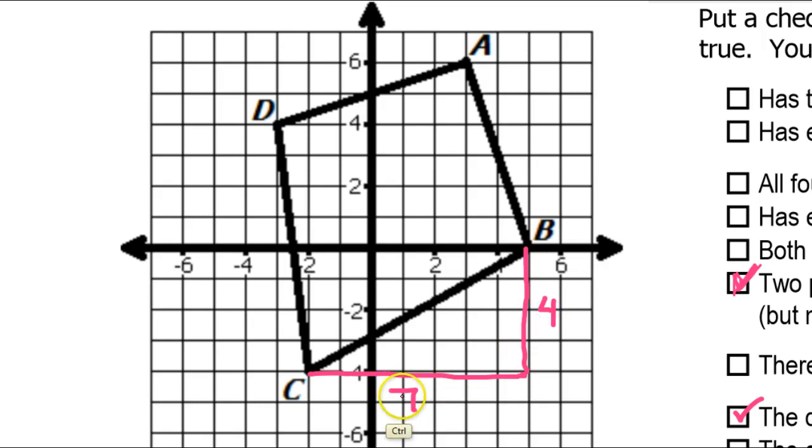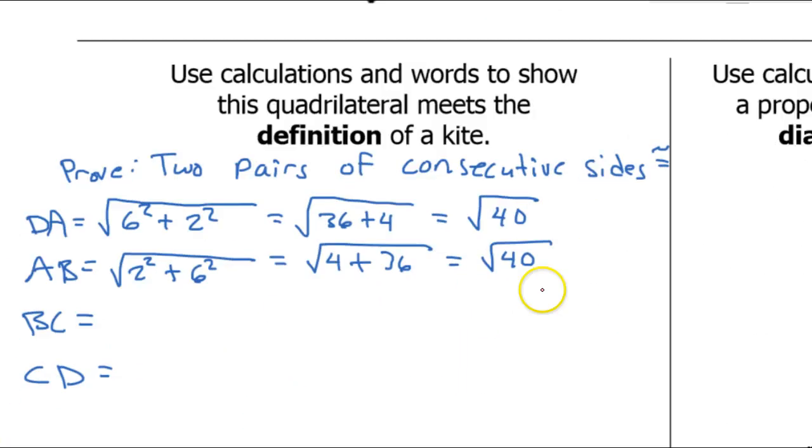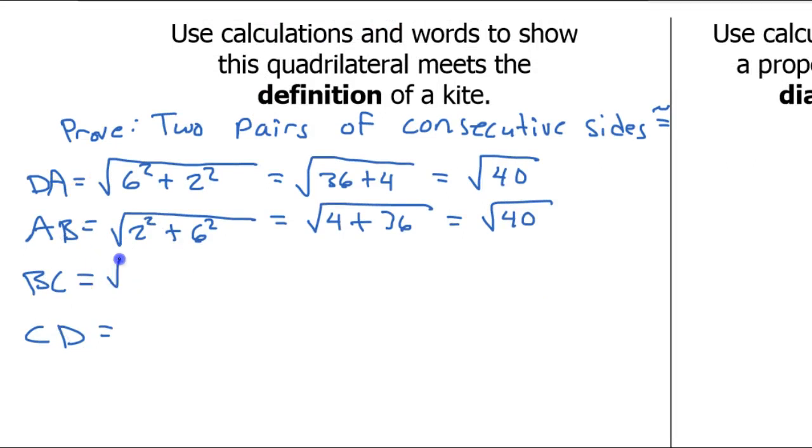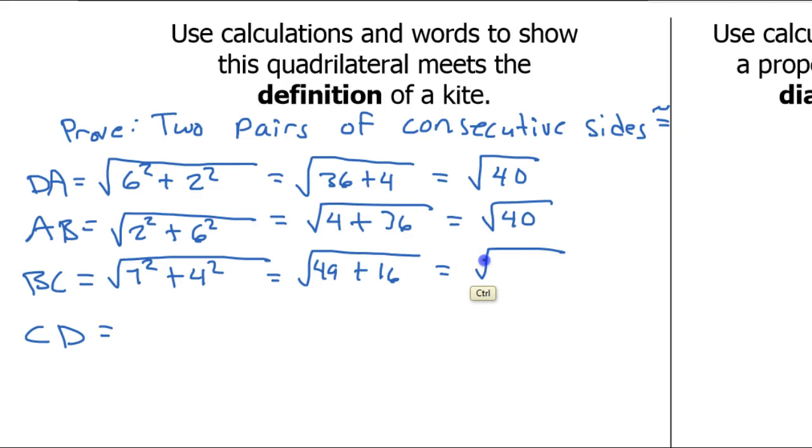So the square root of 7 squared plus 4 squared. So BC is going to equal the square root of 7 squared plus 4 squared. So that's going to equal the square root of 49 plus 16. So that's going to be the square root of 65.